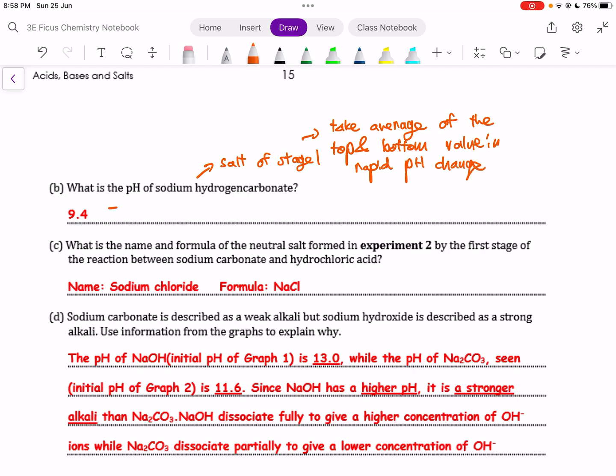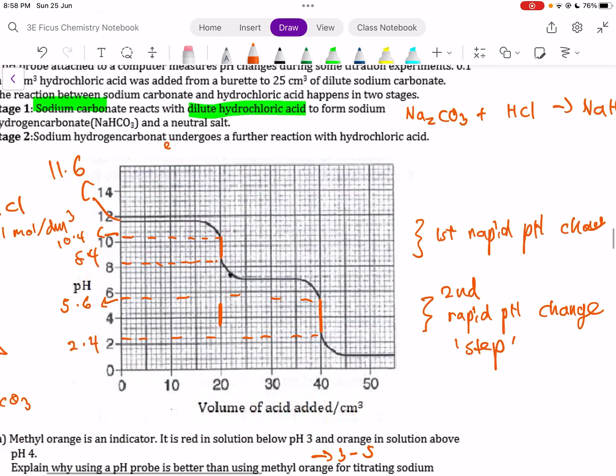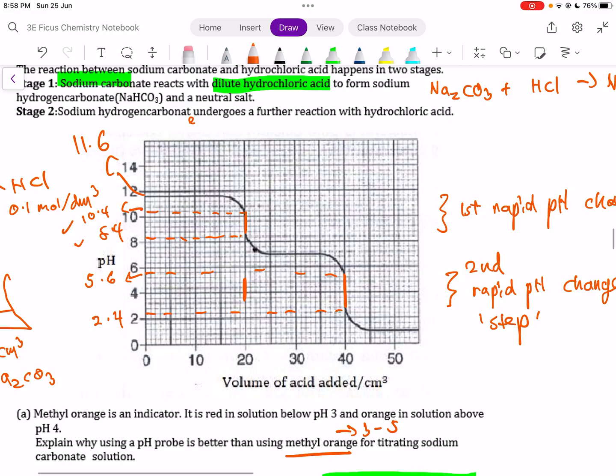So what you do is take 8.4 plus 10.4, divide by 2. That's how I get these two numbers from the titration curve.